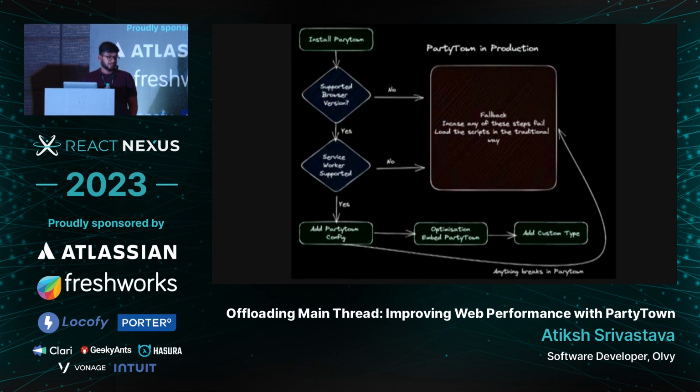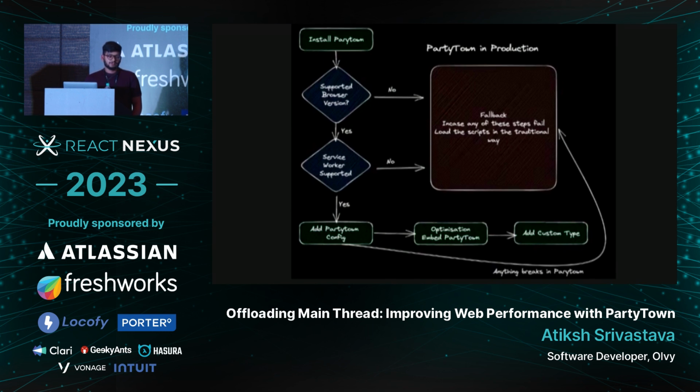So here's the flow for the wrapper. We try to install PartyTown first, and since PartyTown uses service workers for the internal communication, we check if the browser supports service workers. If everything is fine, we add the PartyTown configs and add the custom type tag.